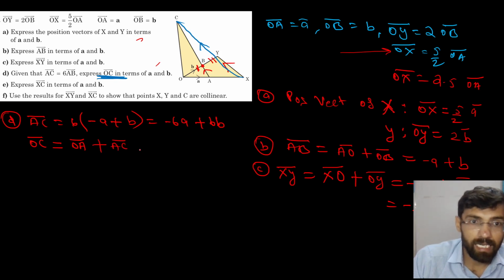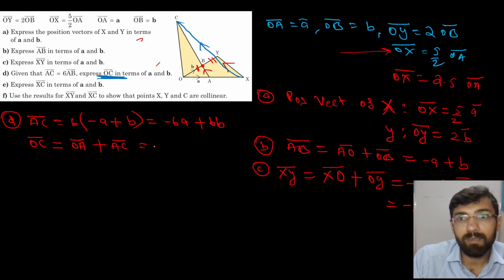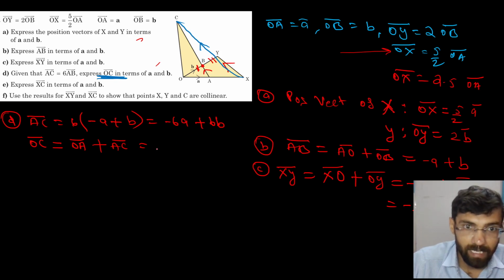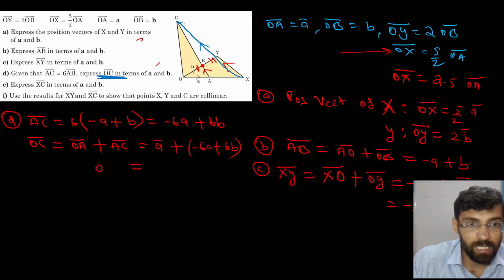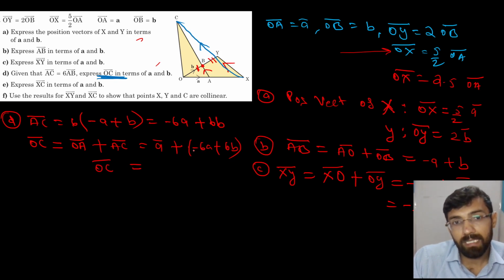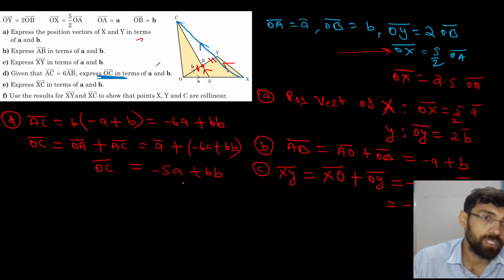OA is A vector, and plus AC we just found. AC is nothing but minus 6A plus 6B. If I open the bracket, my OC vector will be minus 6A plus A, which is minus 5A, and then plus 6B. So we have the OC vector.